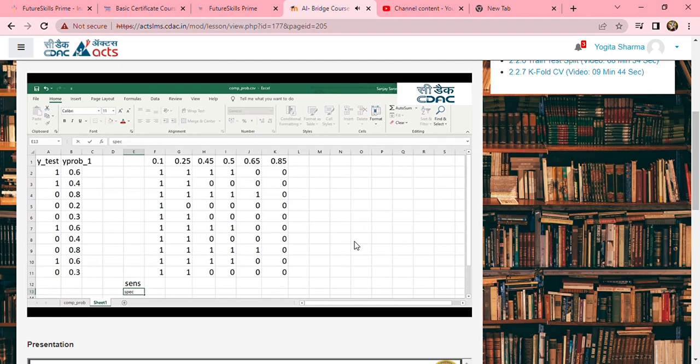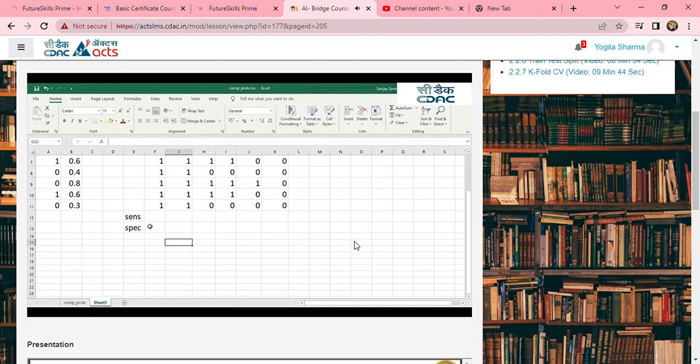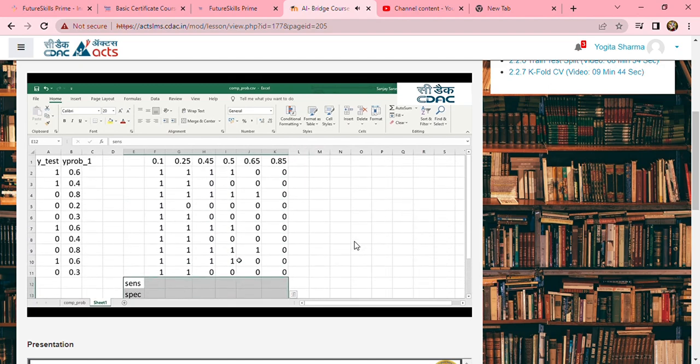Now for our curve we require the different values of sensitivity and specificity for the different confusion matrices at different thresholds.